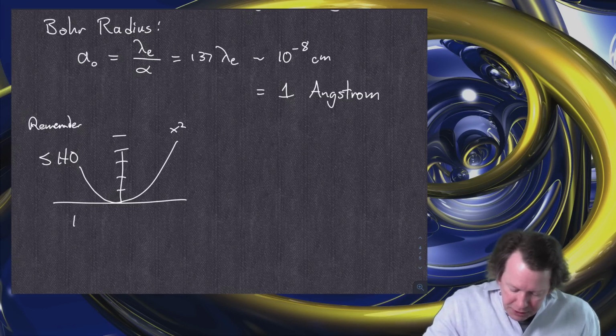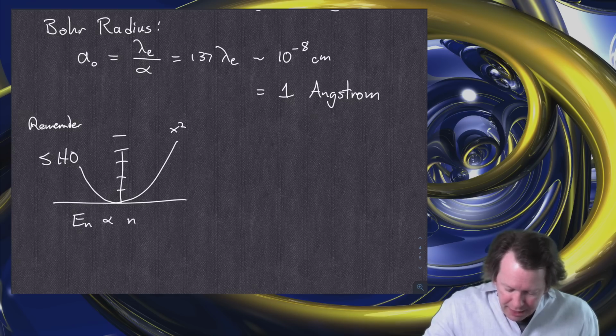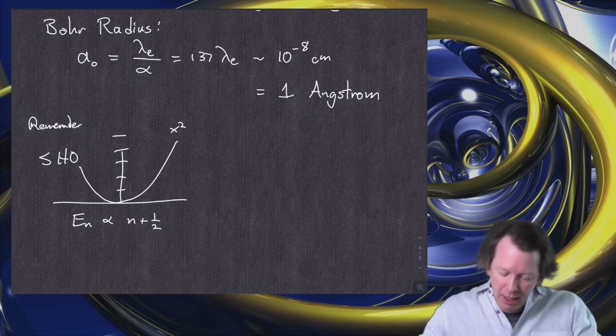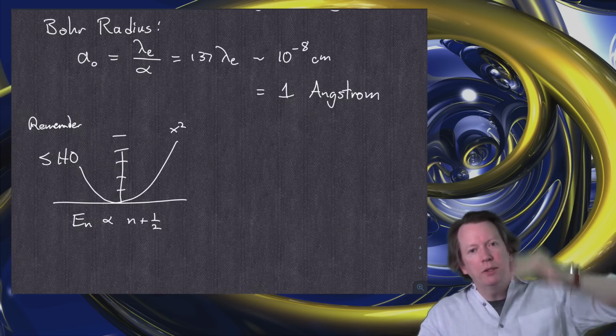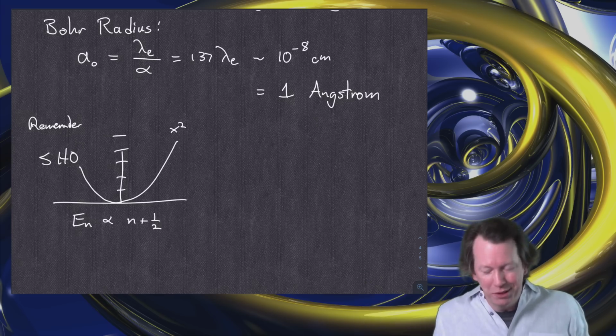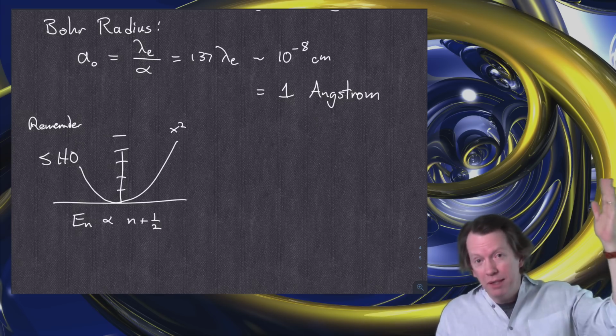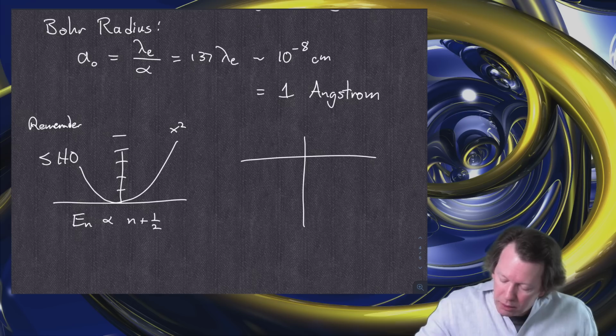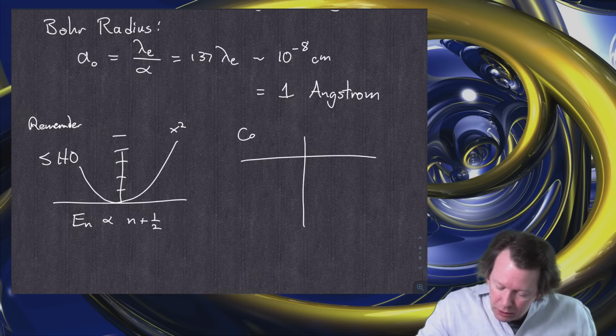There were energy levels E_n that were basically proportional to n. In fact, n plus a half, if you really want to be sticky about it. But they were equally spaced, so you could have an infinite number of energy levels in the harmonic oscillator. I'm not going to draw the wave functions again, but you remember I've drawn them before. And there's an infinite number of them. They go infinitely high. Same thing is true for the Coulomb potential, as we call it.